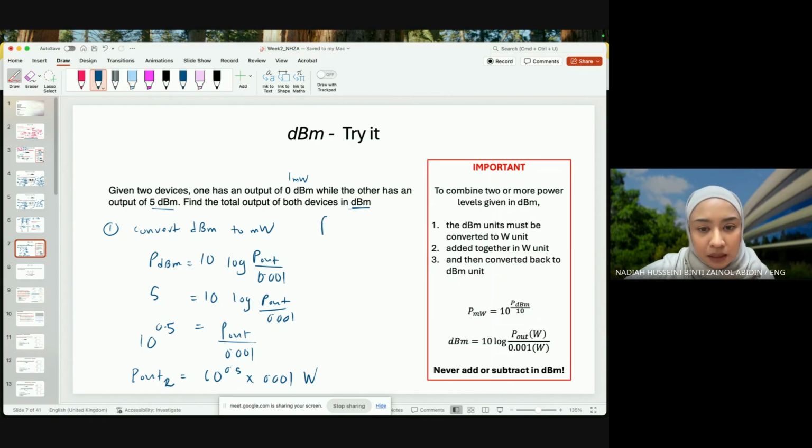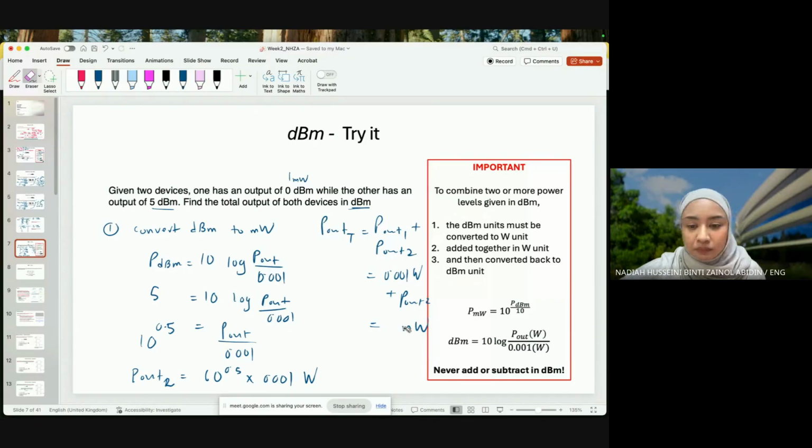So the P out total is P out 1 plus P out 2 in milliwatt. So one is 1 milliwatt and the other is, I would do everything in watt, so that's easier. And you have something over here plus P out number 2. So you have something in milliwatt, in watt, and then you convert it to dBm again.